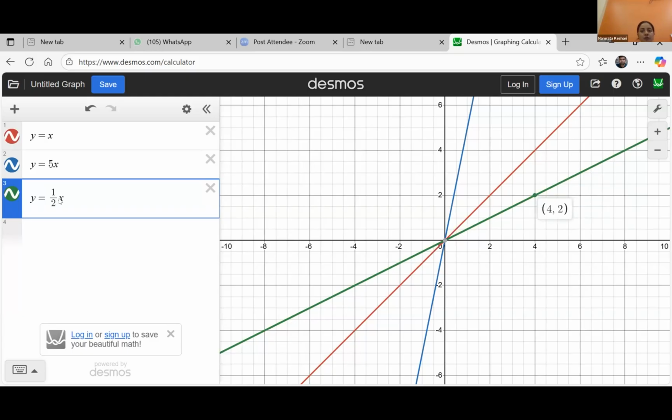Just copy the coordinate, Nabila. 4, 2 is there for the green one.